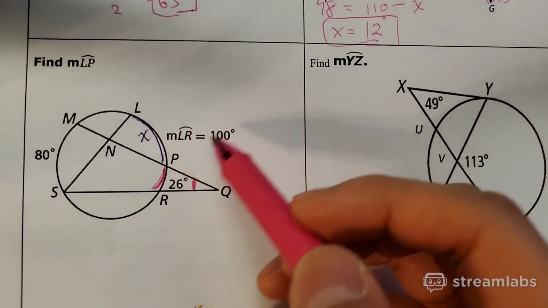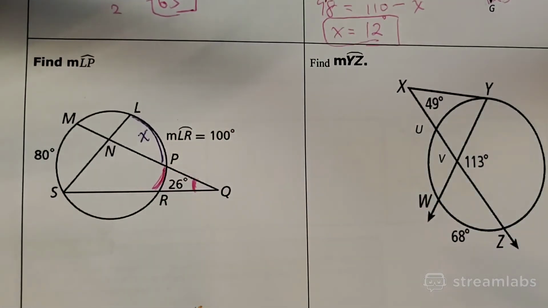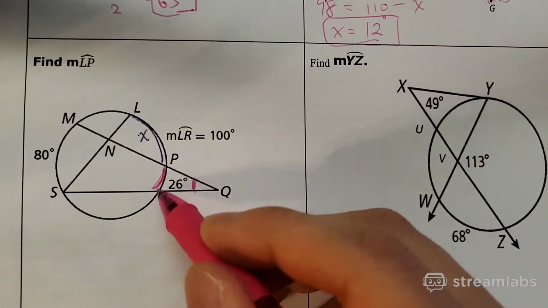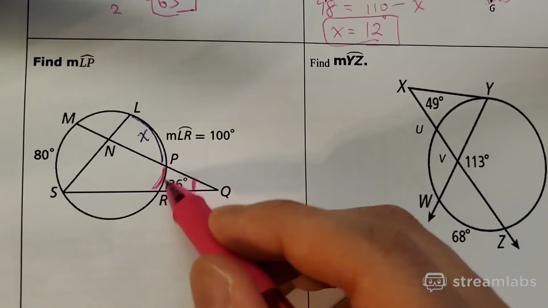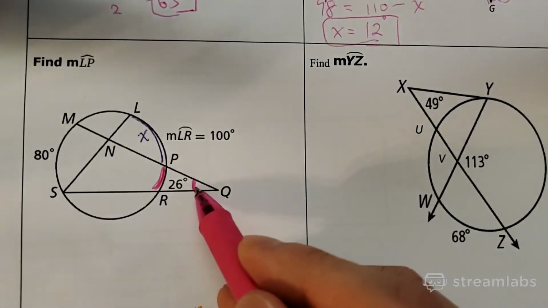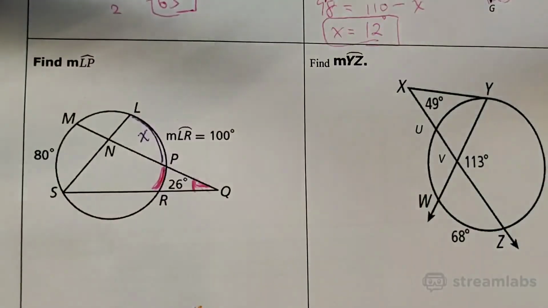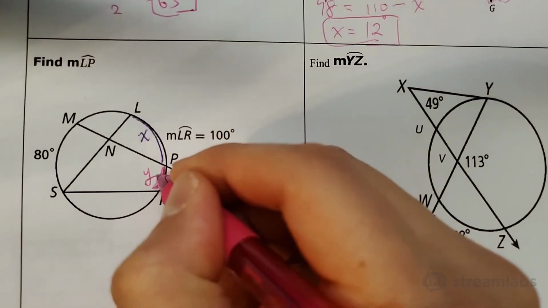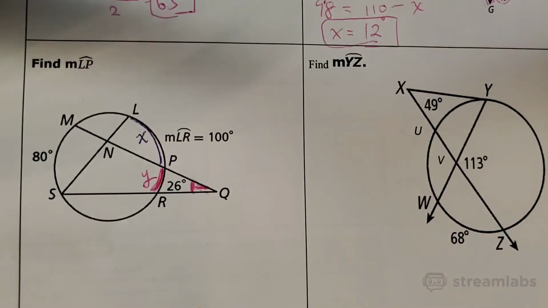Yeah, so you need 100 minus PR, but you don't know PR, right? Because PR is unknown. So since it looks like 26 would be PR, but it's actually not. But 26 is this angle. So just find this first. So let's call it Y, okay? Very nice.